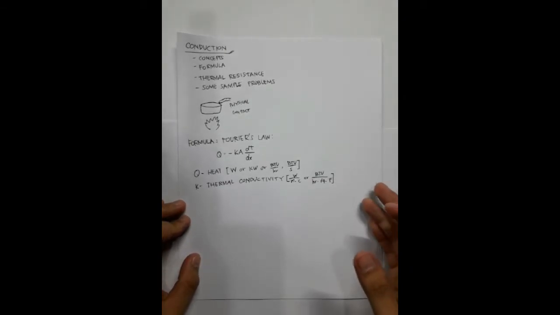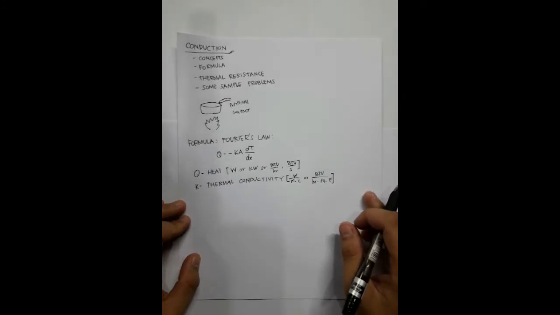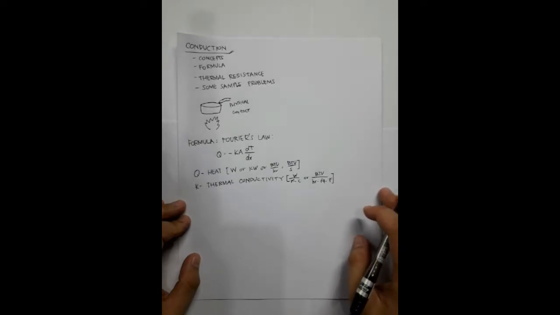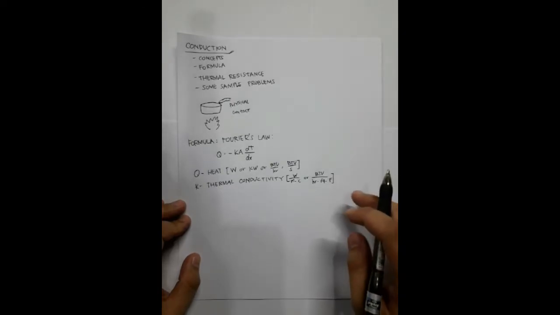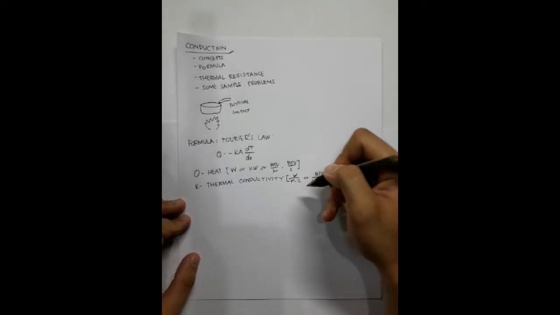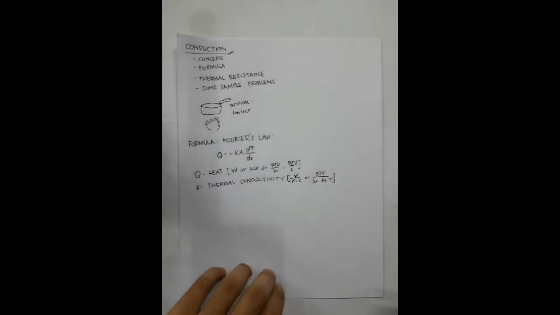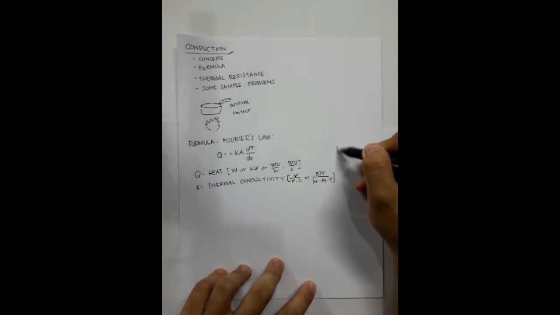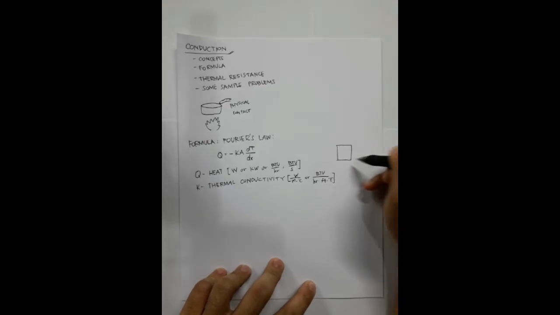Pwede yung material na yun is asbestos, fiberglass, or any kind of insulator na ginagamit mo for you to retain or to maintain yung gusto mong temperature at a certain object or lugar. For example, meron kang kwarto na gusto mong i-maintain yung temperature at 25 degrees Celsius.